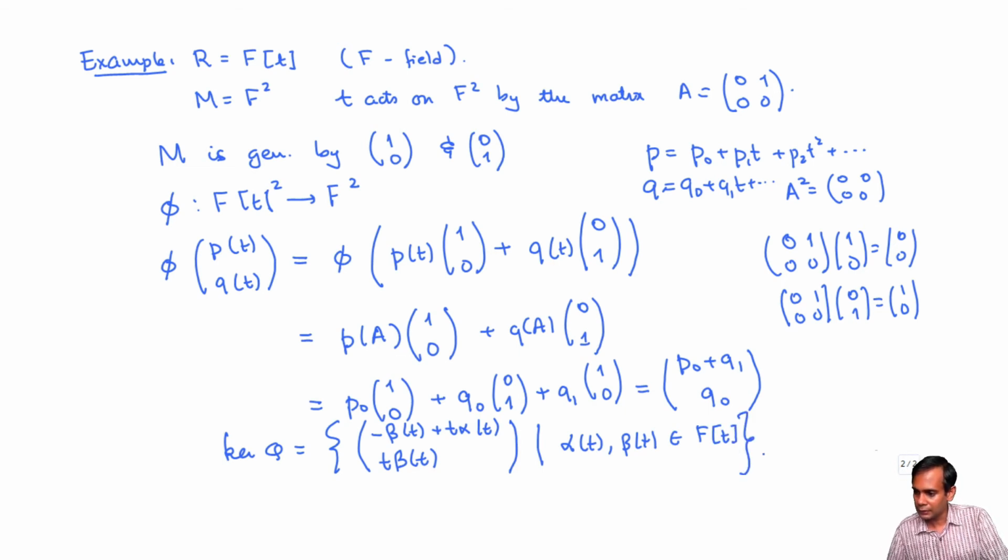And this is just equal to the matrix (t, -1; 0, t) times (alpha(t), beta(t)).